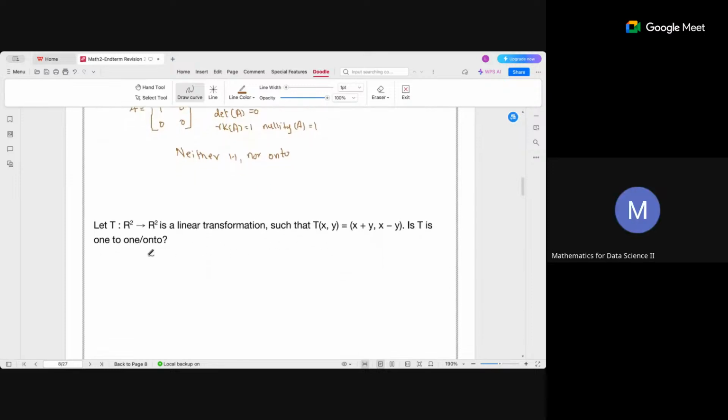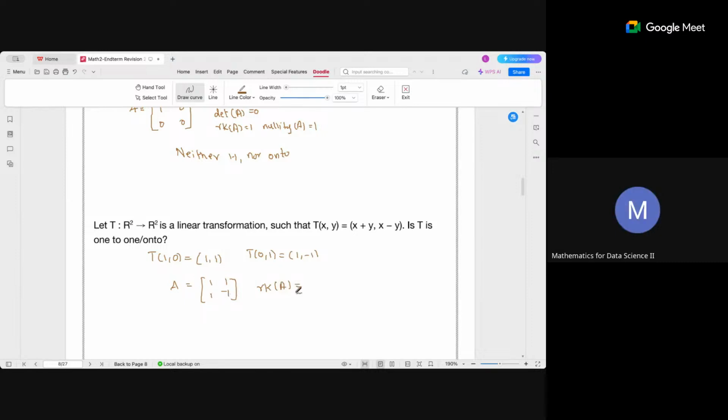In the same way, can you quickly tell for this problem as well? What is T of (1, 0)? It is (1, 1). And T of (0, 1) is (1, -1). So your matrix is [1, 1; 1, -1]. What is the rank of A? It is 2.